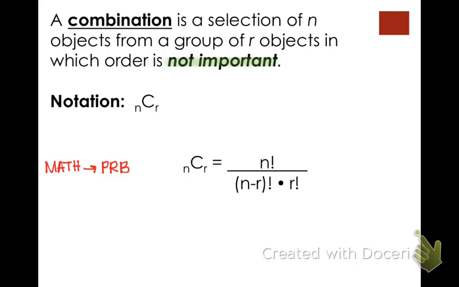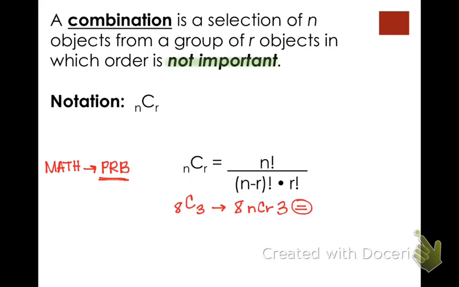If I wanted to do 8 choose 3, in your calculator you would type the number 8, then use that button, then put the number 3, and hit equals. Those of you with scientific calculators, same thing. You're going to find it under the same probability menu on your calculator.